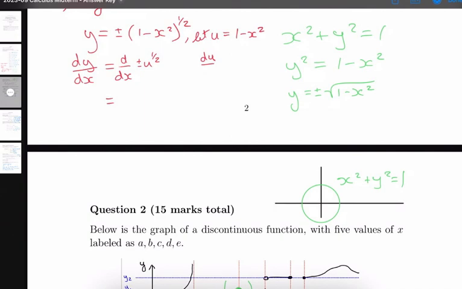Yeah, just correct. But I still have d by dx. You can't differentiate like that. What you want to do is say it's 1/2 u to the minus 1/2. That's the rule. But to do that, what you are doing then is d by du of this. And then that is equal to plus or minus 1/2 u to the minus 1/2.